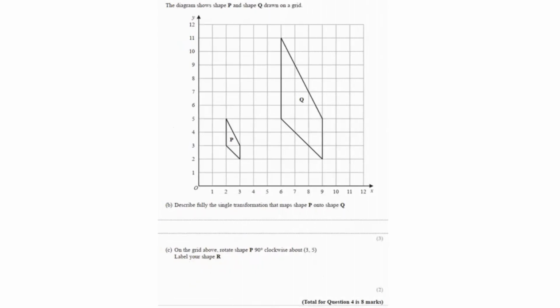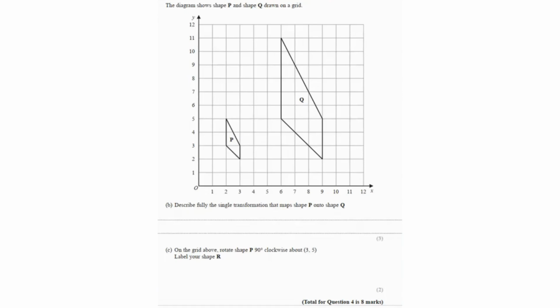Then the next question says the diagram shows shape P and shape Q drawn on a grid. Describe fully the single transformation that maps shape P onto shape Q. So once again, this is the same as the first question that we did. So we have to identify what sort of transformation is happening. Since the size of the shape has changed, it clearly means it's an enlargement. And for the enlargement, we need the scale factor and the center of enlargement.